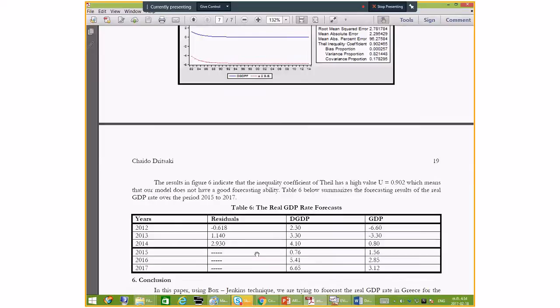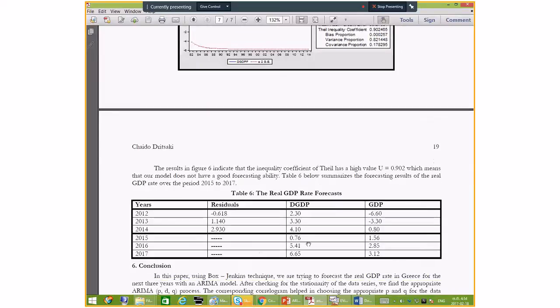Table 6 below summarizes the forecasting results of the GDP.